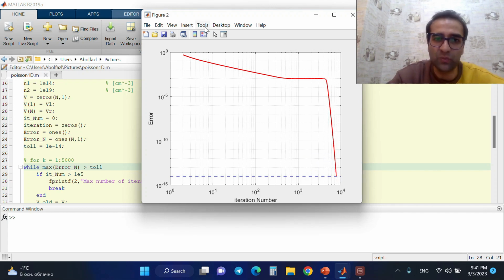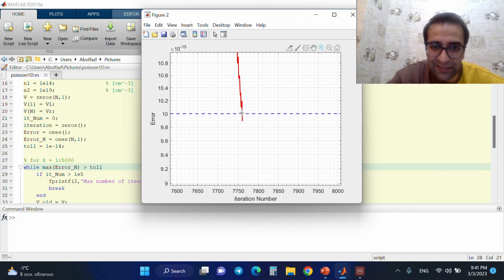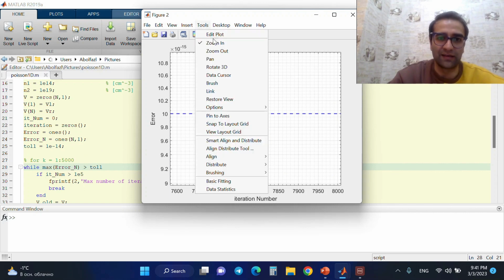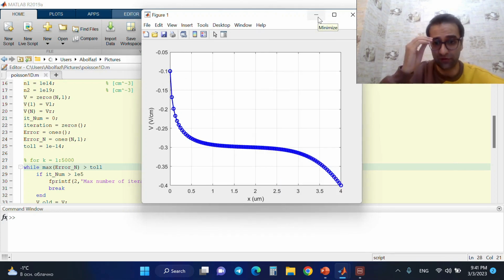If we zoom in at this part, you see that the error is less than this tolerance and the calculation is stopped there. This is our convergence index, and this is the appearance of the potential.